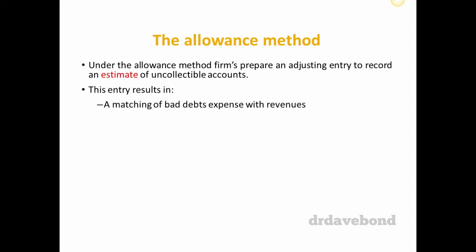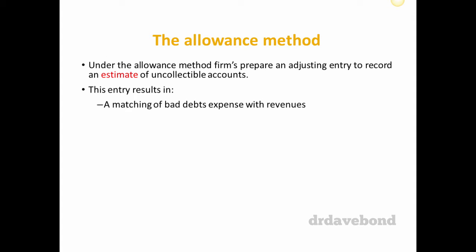So under the allowance method, firms prepare an adjusting entry. It's an adjusting entry, this happens at the end, but it's in that period still, to record an estimate of uncollectible accounts. We'll come back to this point later. This is really important, but we'll come back to it.